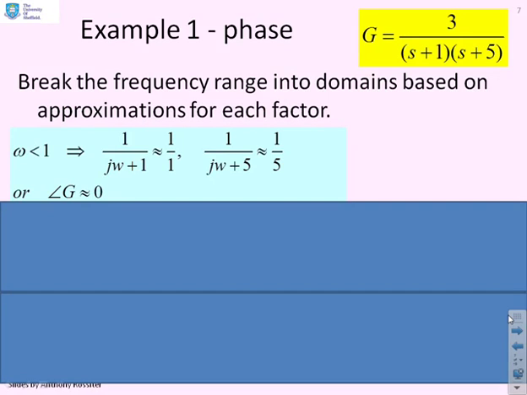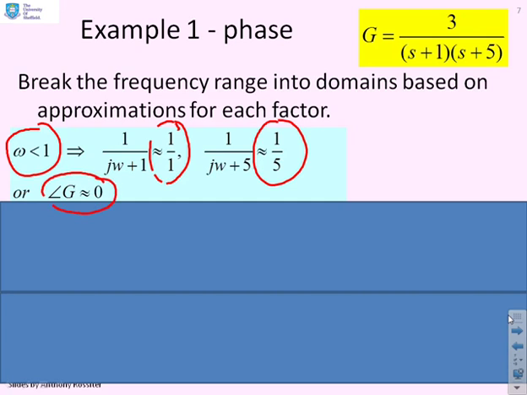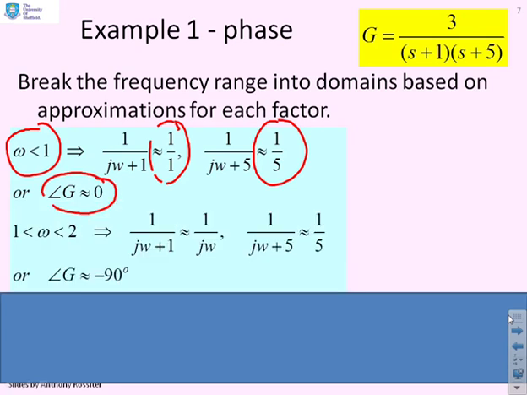What about the phase then? Well, again, I need to do the same sort of tricks. So I'm going to start with omega less than 1, and I find I can approximate both factors by a constant, and therefore the phase is approximately 0. If omega is between 1 and 5, then I find one factor is approximately 1 over j omega, 1 is approximately 1 over 5, so I get minus 90.